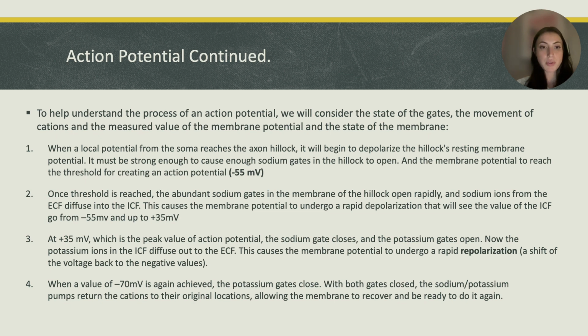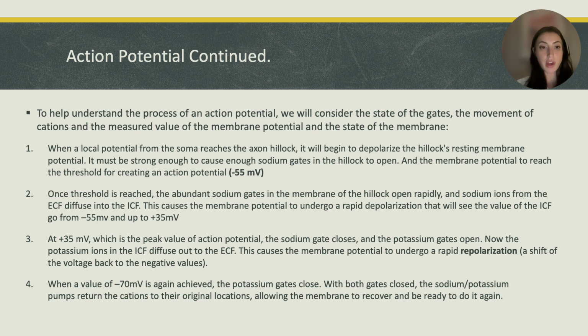Once the threshold is reached, the abundant gates in the membrane of the hillock open rapidly, and the sodium ions from the ECF diffuse into the ICF. This causes the membrane potential to undergo a rapid depolarization, where we will see the value go up from negative 55 millivolts to positive 35.